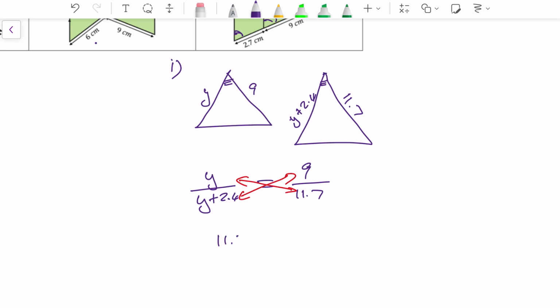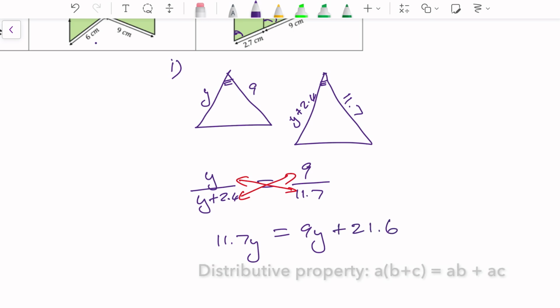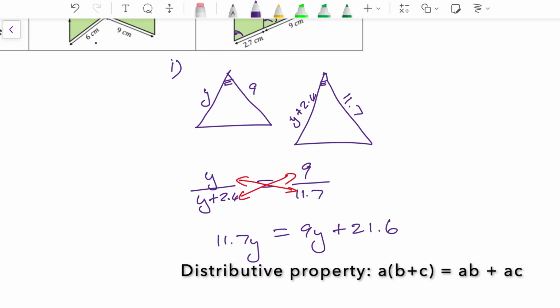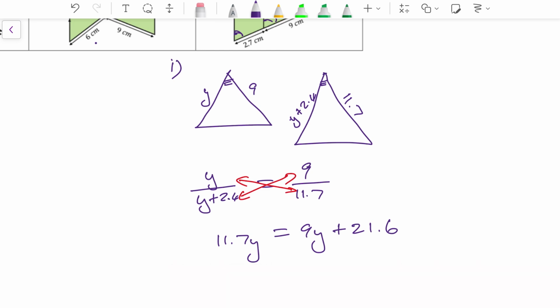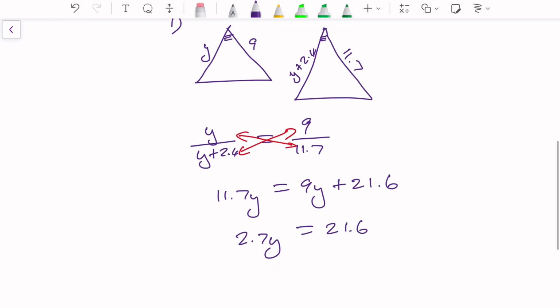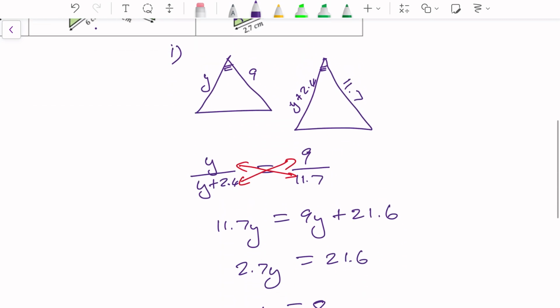So we get 11.7y equals 9y plus 21.6. So that's the 2.4 times 9. Okay, so we just subtract 9y on both sides. So you end up with 2.7y equals 21.6. And finally divide by 2.7. So y equals 8, and it's 8 centimeters.